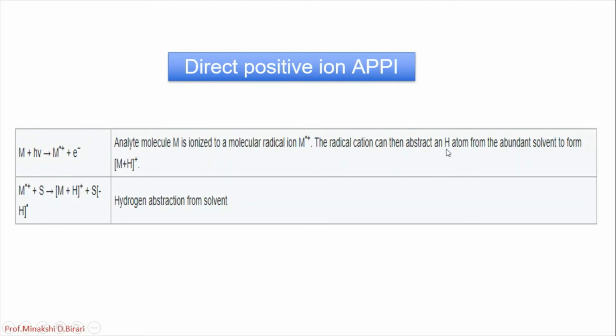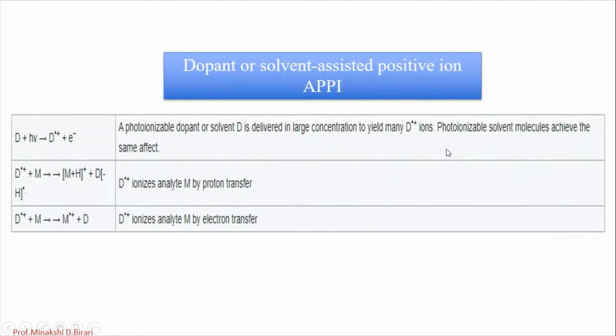Second one, dopant assisted or solvent assisted positive ion APPI. A photoionizable dopant or solvent D is delivered in large concentration to yield many D plus ions. Photoionizable solvent molecules achieve the same effect.